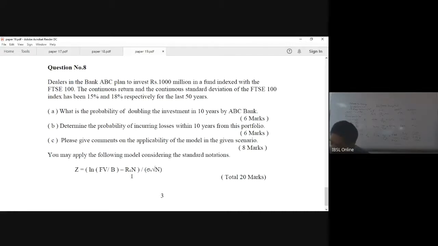It is to be divided by sigma, that is 0.18, into the square root of n, that is the square root of 10.